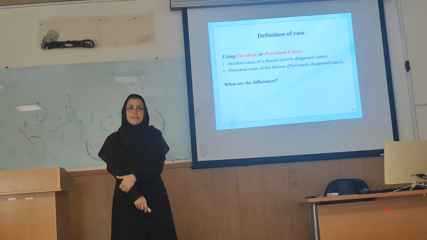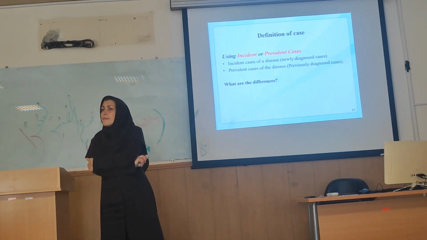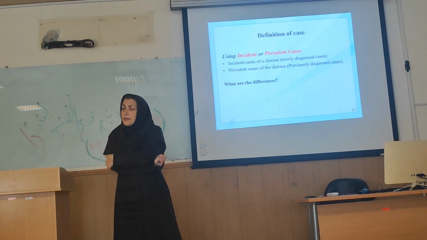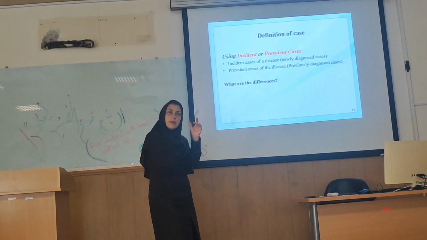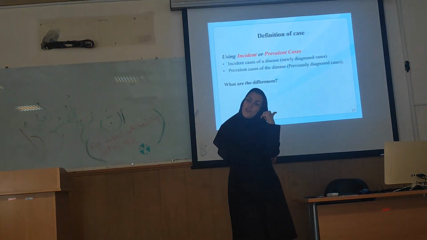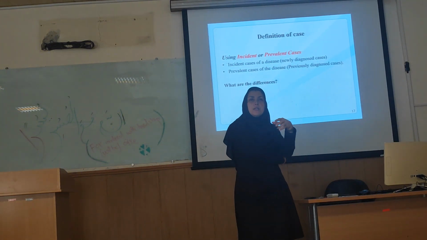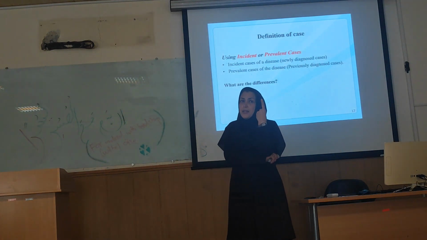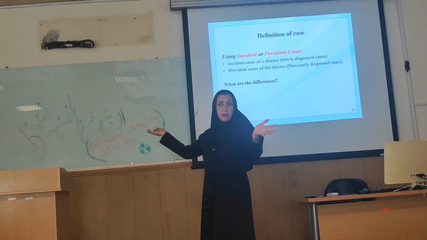Okay? Because we're talking about incident and prevalent cases, they have a difference. Prevalence can be divided into 2 parts, right? There is point prevalence and period prevalence. Prevalence refers to the number of cases in the community.